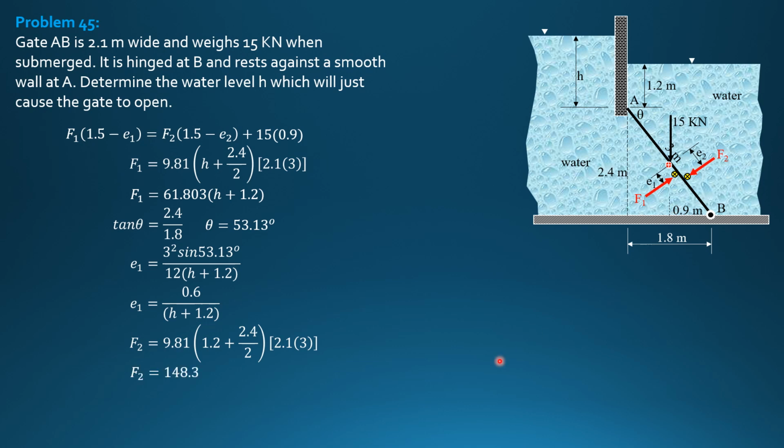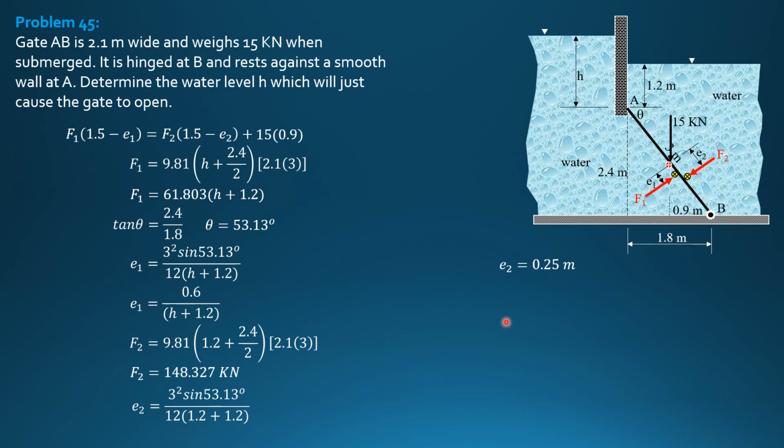So F2 is 148.327 kilonewtons. E sub 2 is height of gate squared times sine of 53.13 degrees over 12 h bar 2, where h bar 2 is 2.4. So 3 squared times sine of 53.13 degrees over 12 times quantity 1.2 plus 1.2. So E sub 2 is 0.25 meter.